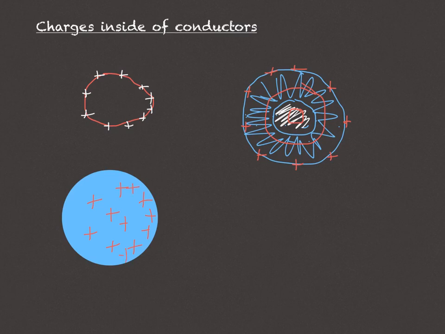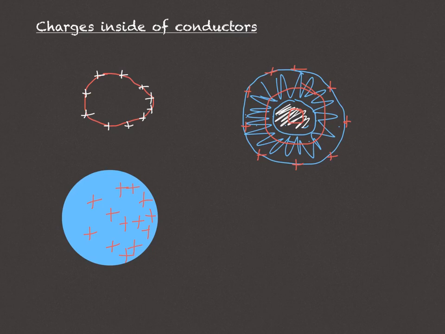So we can load up one side with a lot more charge, we can distribute it through the thickness of the sphere, and then they are stuck there, they cannot flow. If you have that type of distribution of charge, there is going to be an electric field in there.